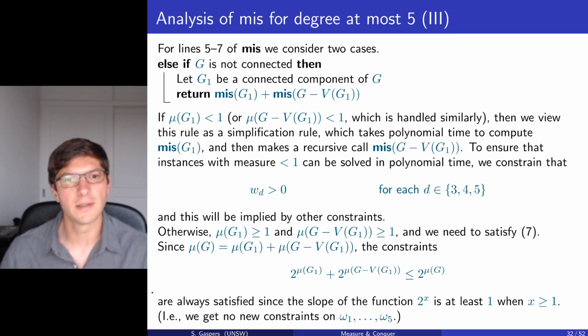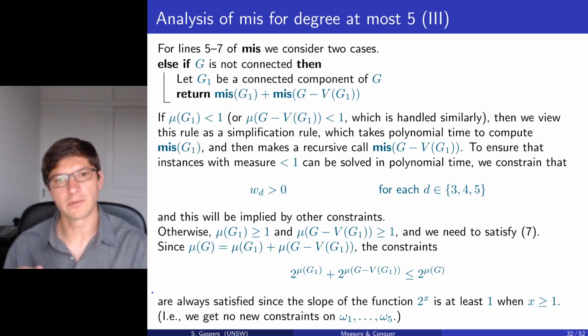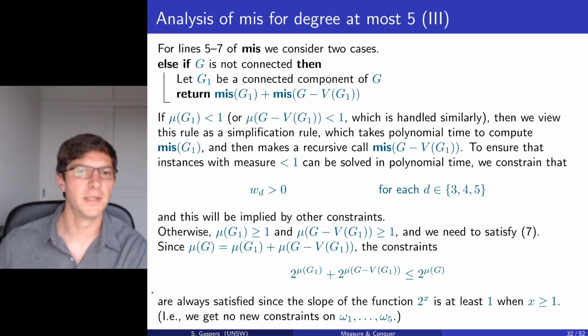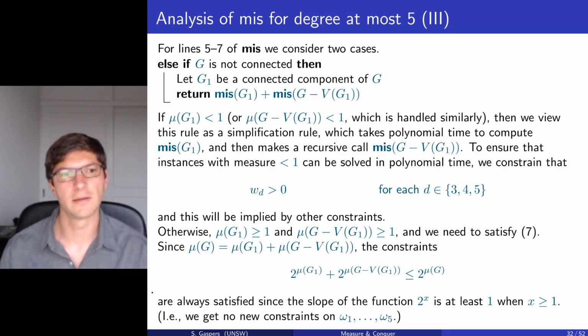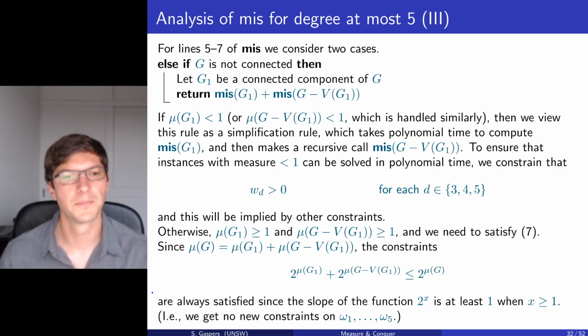So we only need that each vertex that has degree at least 3 increases the measure by some constant that's more than 0. So we only need that omega d is more than 0 for vertices with degree d that's at least 3. So we could write down this constraint, but this will actually be implied by other constraints as well. So we don't really need it.